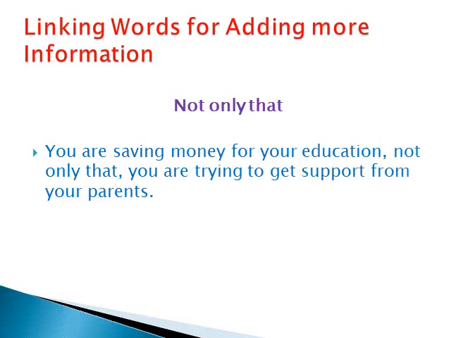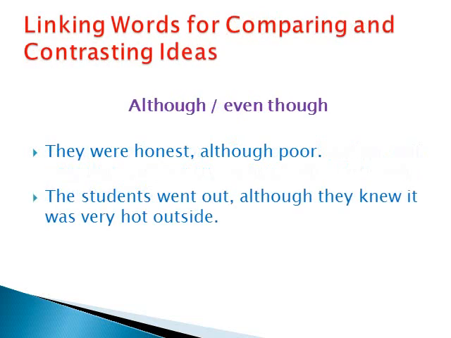Not only that, you are saving money for your education. Not only that, you are trying to get support from your parents. Even though they were honest, although poor, the students went out although they knew it was very hot outside.